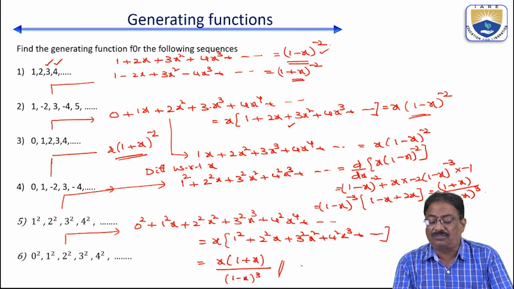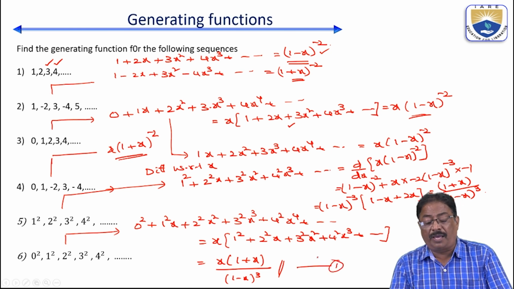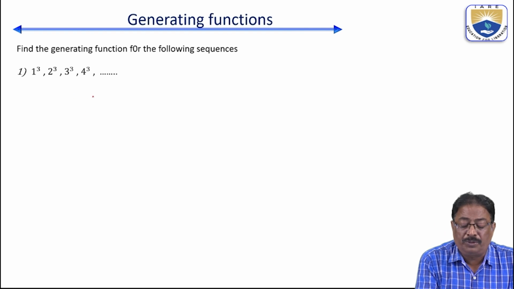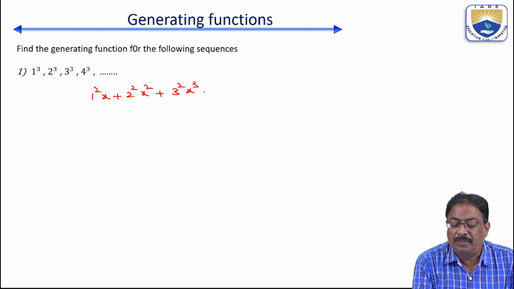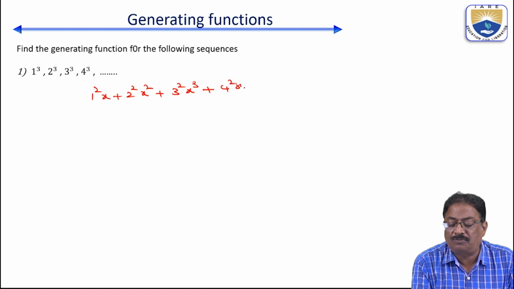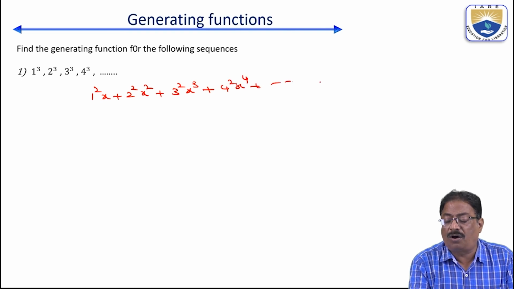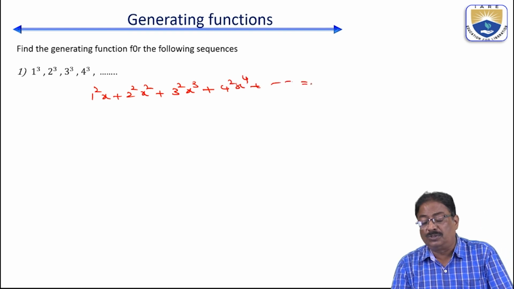Suppose let us consider this as 1. Then what I am going to get? So by using 1, it is 1 squared x plus 2 squared x squared plus 3 squared x cubed plus 4 squared x to the power 4 plus and so on, which is equal to, so what is given?